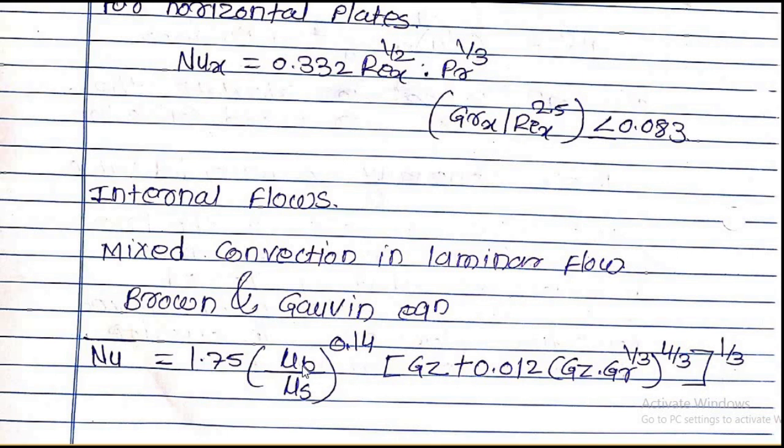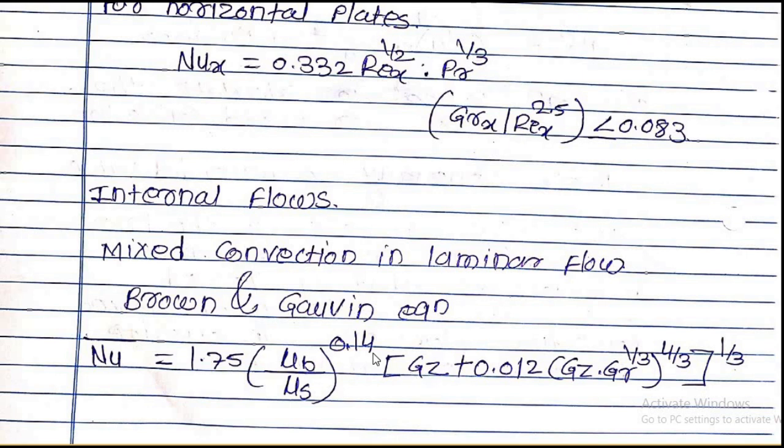Here mu_b is the dynamic viscosity at the bulk mean temperature, that is, at the fluid temperature, and mu_s is the dynamic viscosity at the surface temperature, where Gz is the Graetz number.